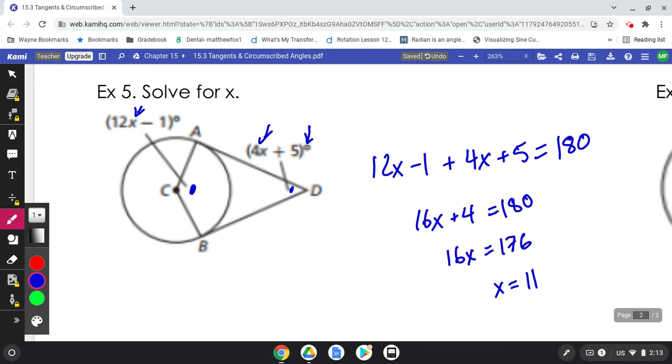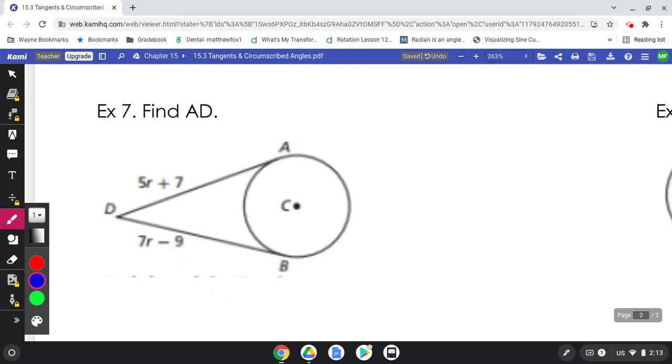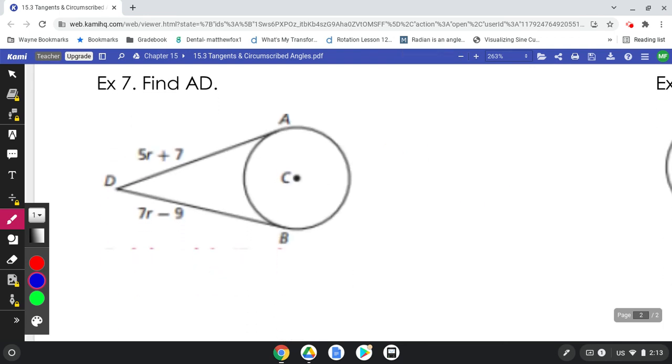And the final question we're going to do, I was thinking ahead. This one asks for what AD is. Now to find what AD is, the first thing we need to do is solve for R. And we know that these are the same because they're both tangent from the same point D. Okay, so 5R plus 7 equals 7R minus 9.